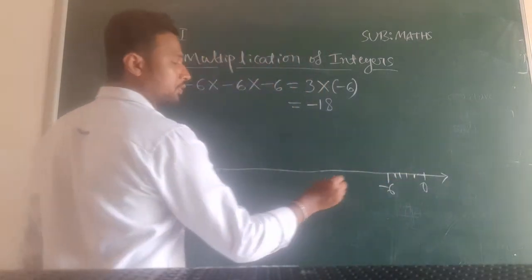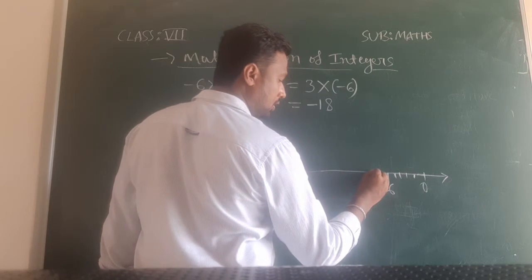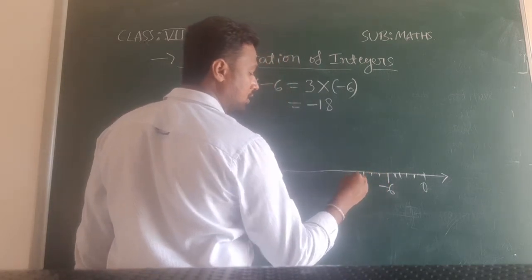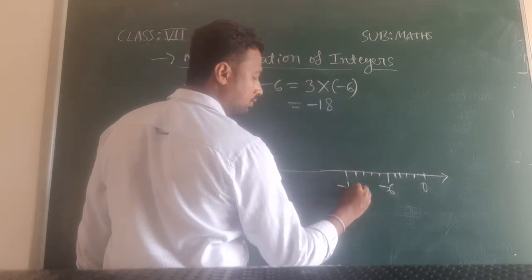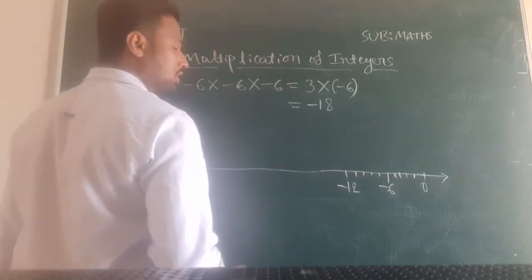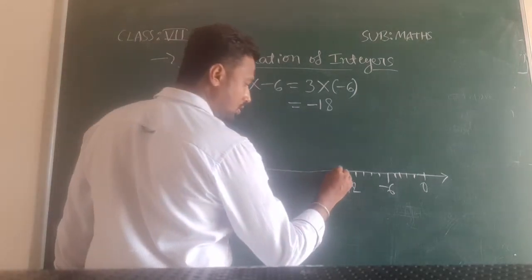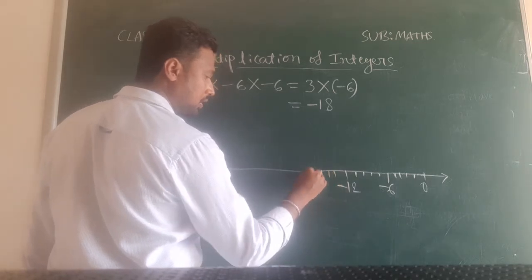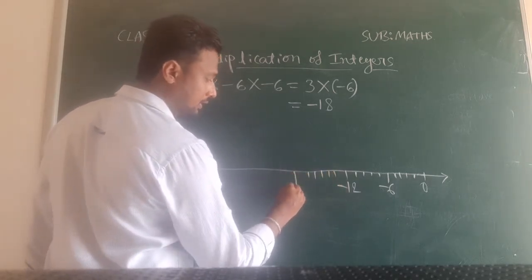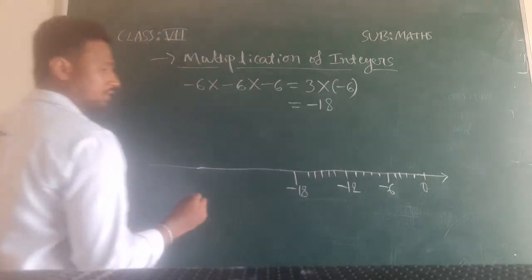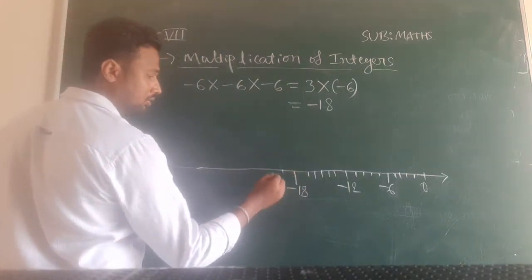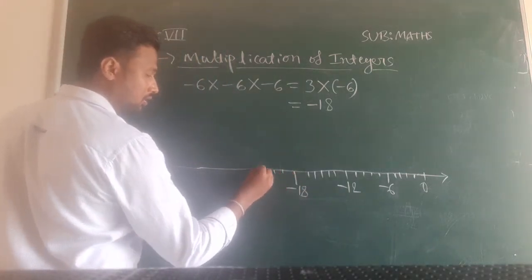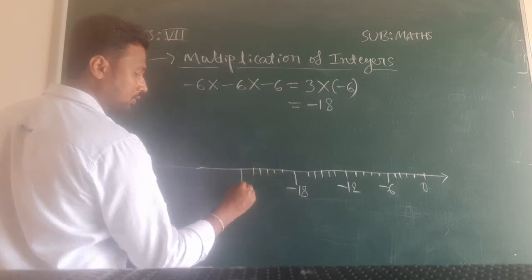Next again minus 7 up to minus 12. Next minus 13 up to minus 18. Next minus 19 up to minus 24.